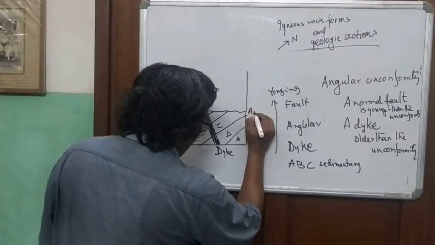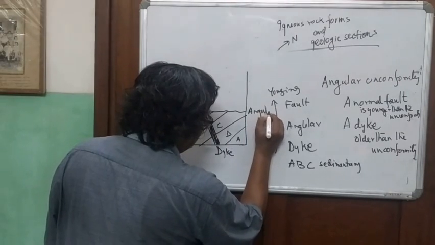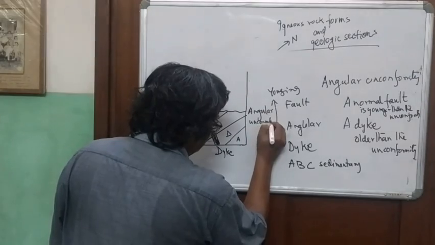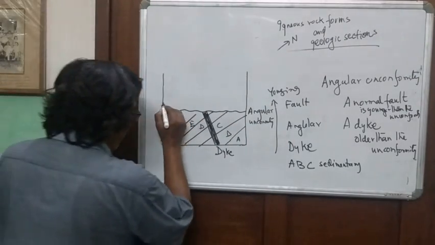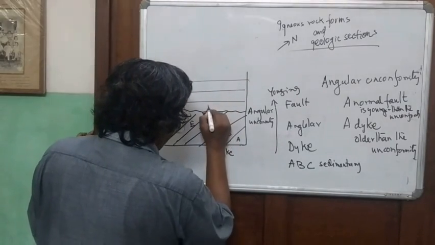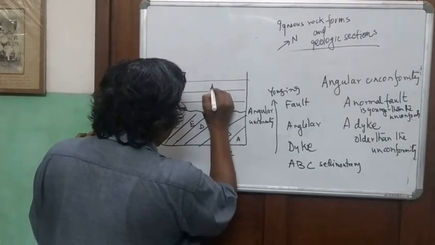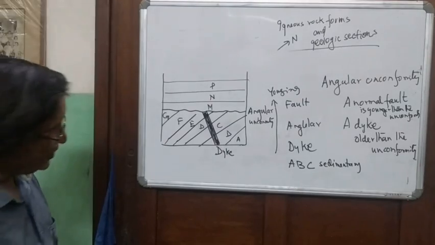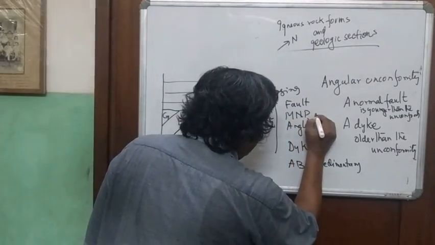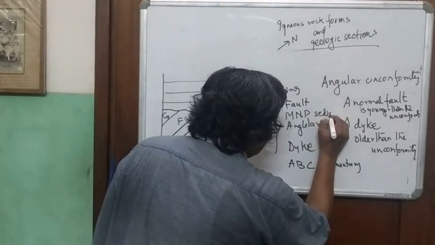Then you have angular unconformity. Then you have a set of sedimentary rocks, M, N, P. So you will have M, N, P sedimentary rocks.